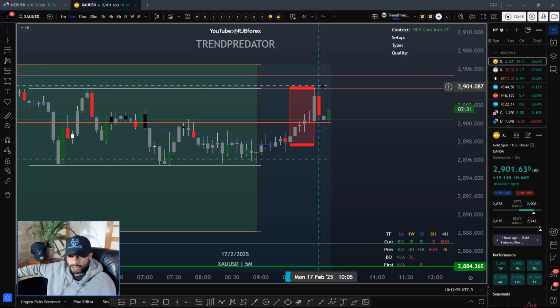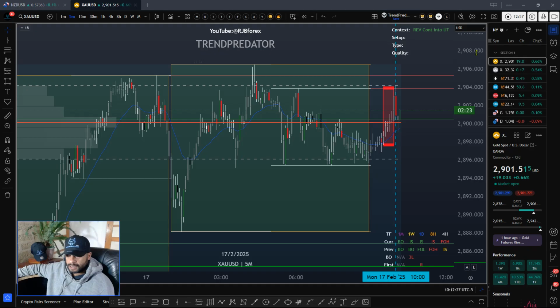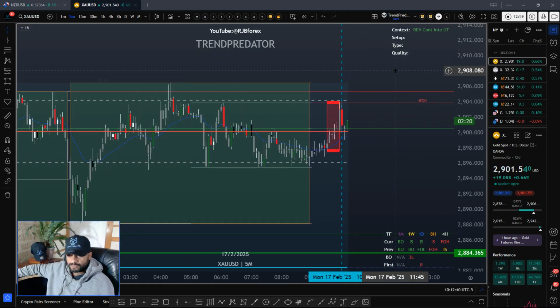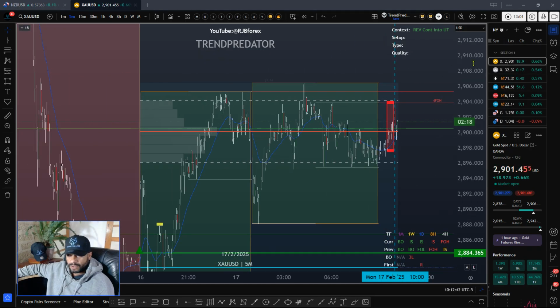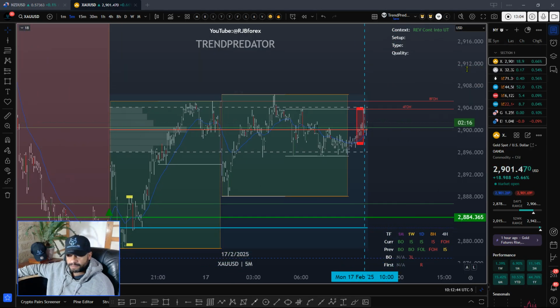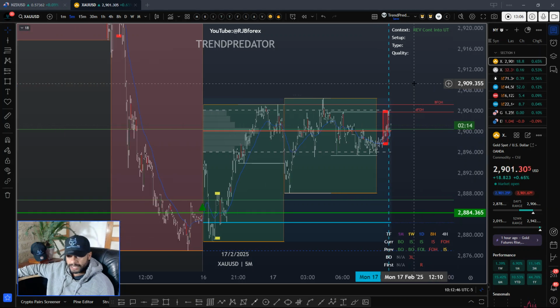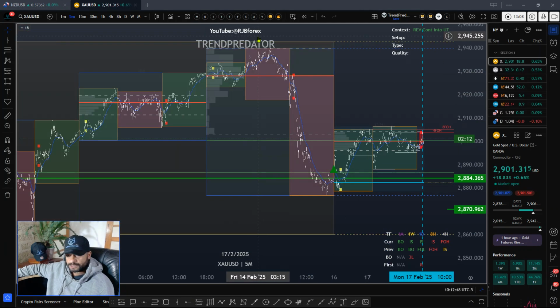I want the market to show its hand and then catch the move that could be directional for a significant period of time for me to ride the trade and the momentum within the trend that's being formed or already formed. So in this sense, we've already got a trend which is bearish.